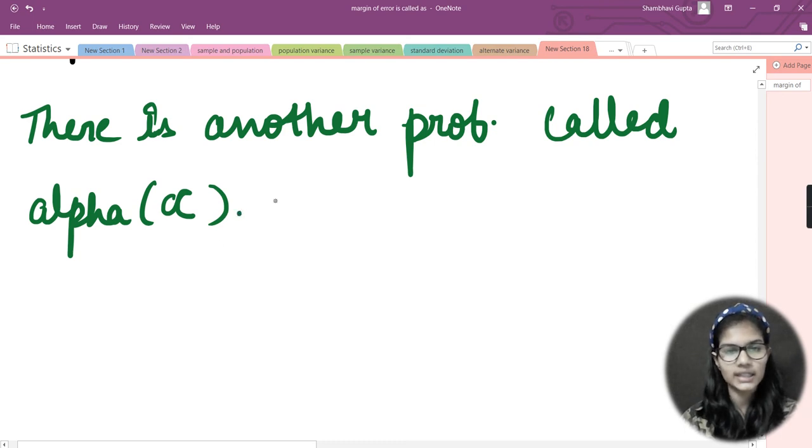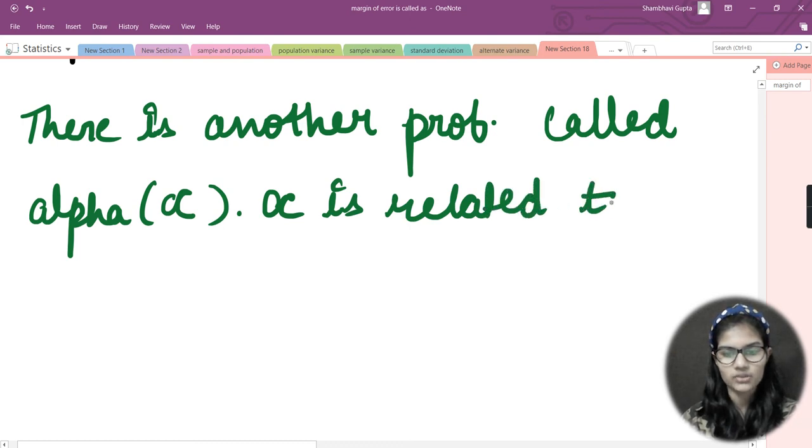What is it basically related to, and what is it used for? Alpha is related to the confidence level.